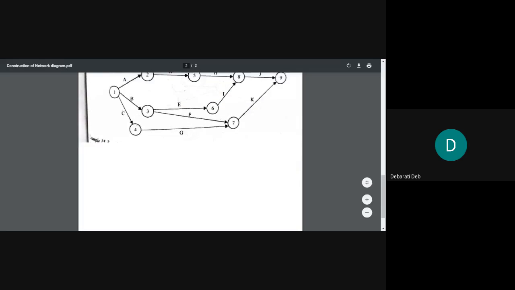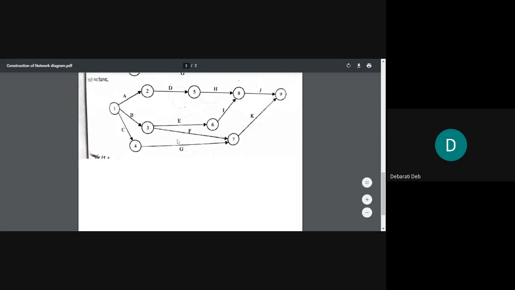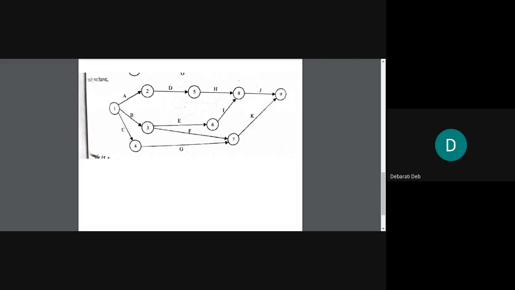So let us see. F and G. Where was F? F was after B, right? And G was after C. So you might have drawn this G just like that. But as you have seen, F and G both are the predecessors of a single activity, which clearly indicates that you have to draw F and G in such a manner that they meet at a single event.